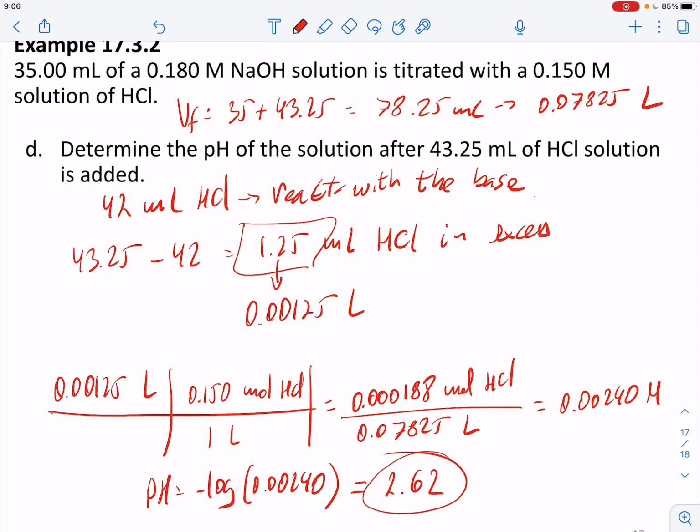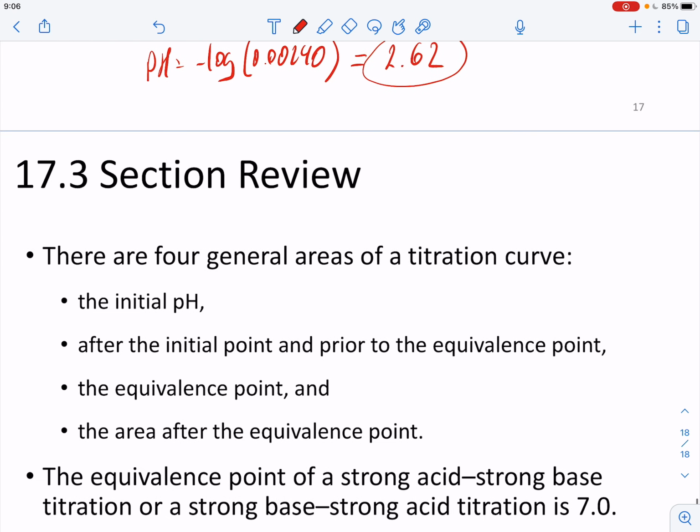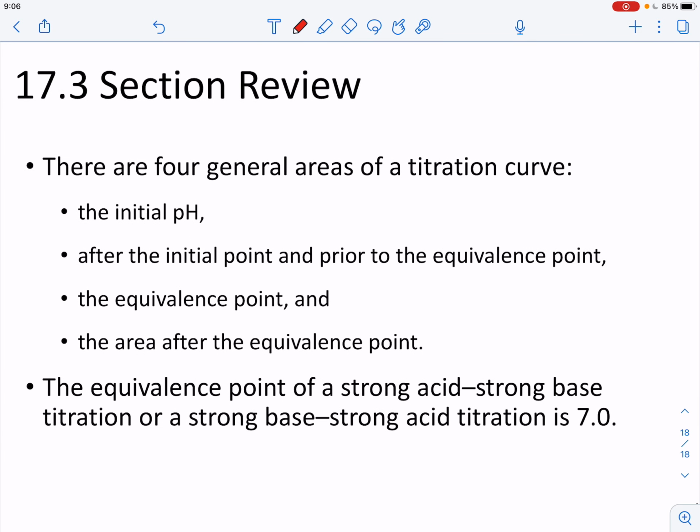Okay, so in summary, if you have a titration curve, you can distinguish 4 regions in that curve. Number 1, the initial pH, controlled by the initial acid or base.